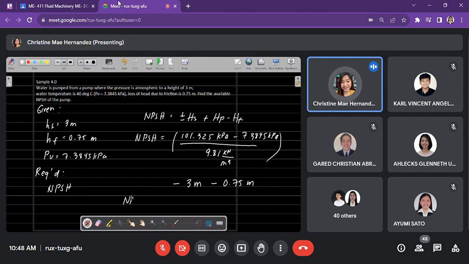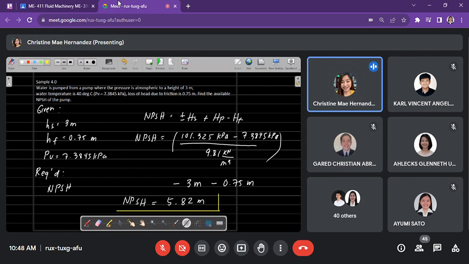So, ang ating NPSH ay equal sa 5.82 meters.